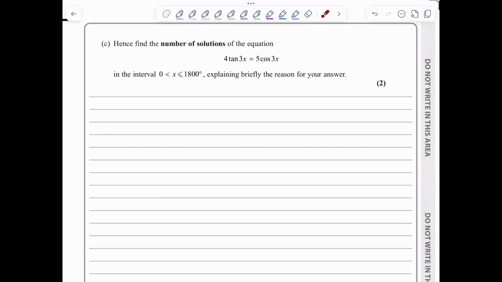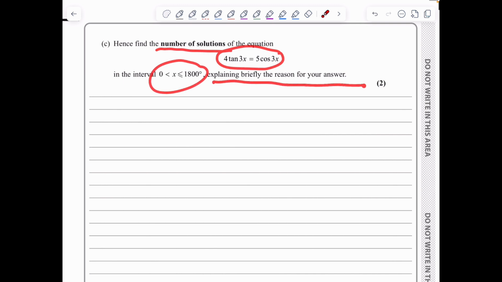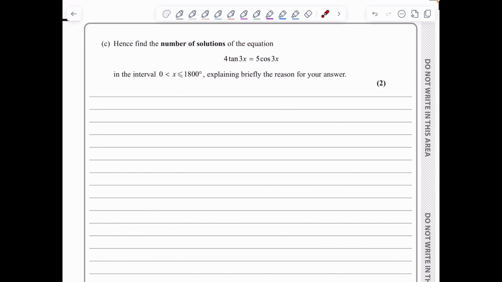And then in part C, we're asked to hence find the number of solutions to the equation 4 tan 3x is 5 cos 3x in the interval 0 to 1800, explaining briefly the reason for our answer. Well, first of all, the 3x means that we are squeezing the graphs by a scale factor of 3, and this means we are tripling the number of solutions. In addition, we've got a new interval here.